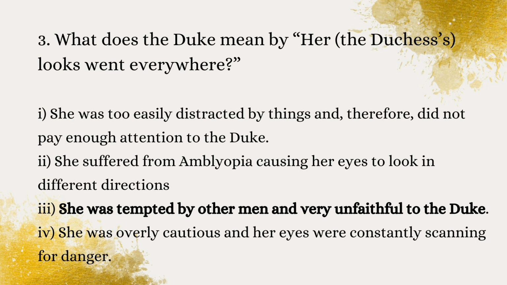Option 3, she was tempted by other men and very unfaithful to the Duke. The last option is she was overly cautious and her eyes were constantly scanning for danger. The right answer is the third option, though we find that the Duke is very much mistaken to read the eyes of the Duchess here.